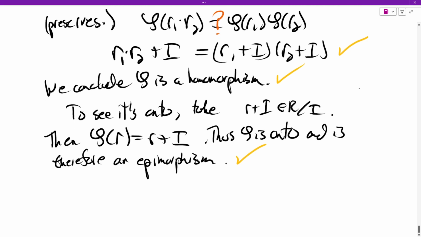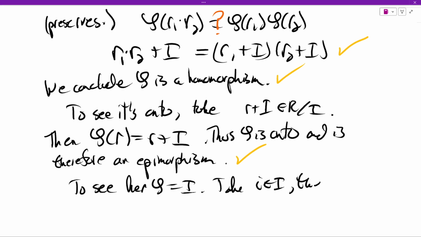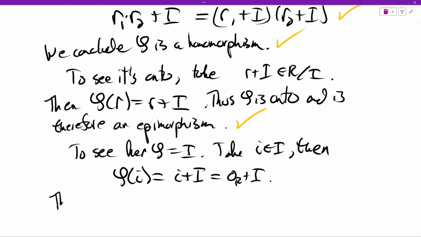And the last thing that we had to check is that the kernel of phi is I. So let's do that now. Let's take some i in I. And then phi of i is i plus I. But i is an element of I, so it gets absorbed into I. So i is in the kernel. Now let's take r in the kernel of phi.